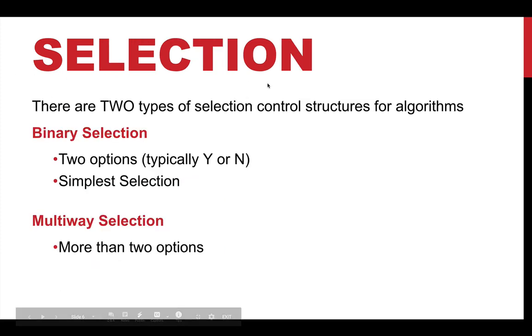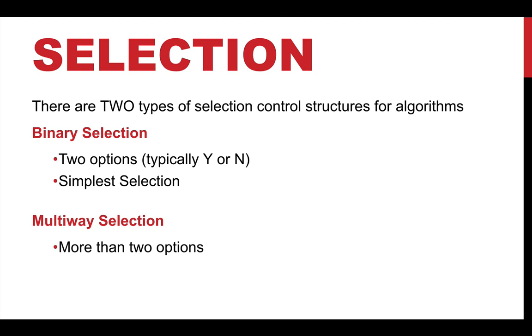A selection control structure means that the logic for my algorithm is controlled somehow and one or more pathways are selected. Let me say that again.